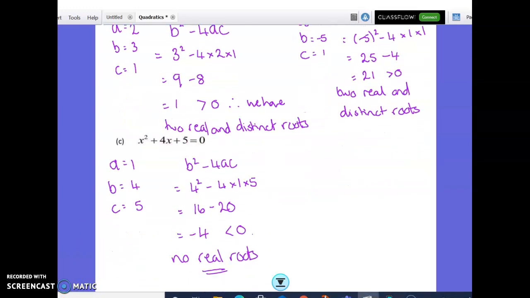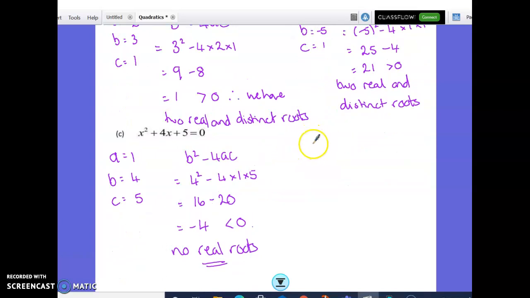I'm going to add in a wee extra example to show you one way that you have repeated roots, just so you get the wording of it. So let's go for x squared minus 4x plus 4 equals 0. So a is 1, b is minus 4, c is 4.